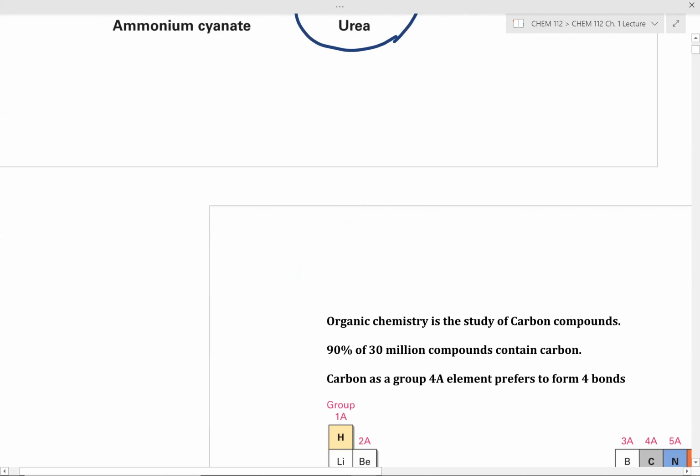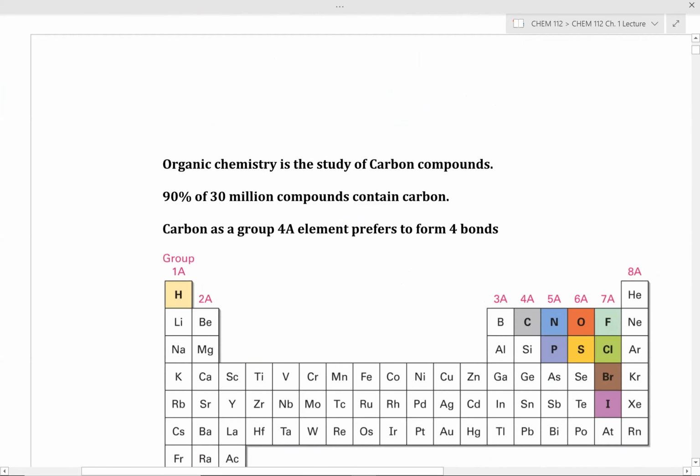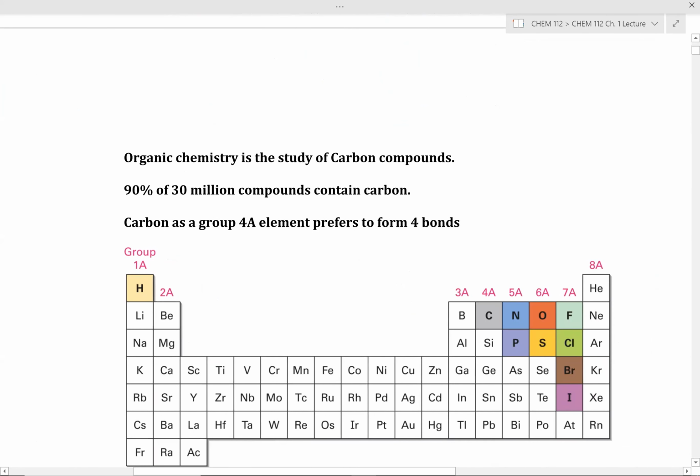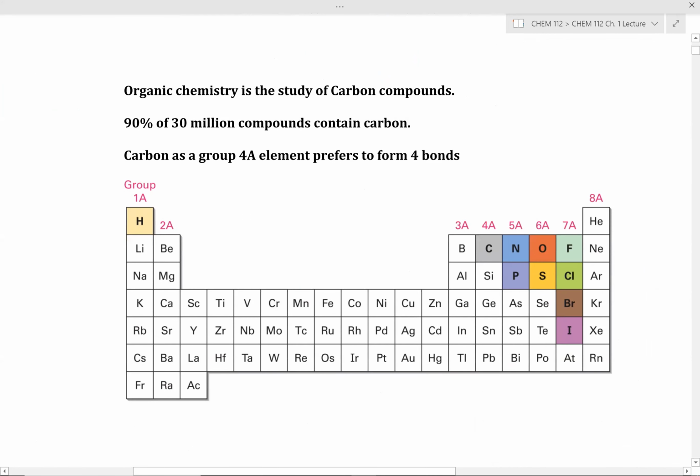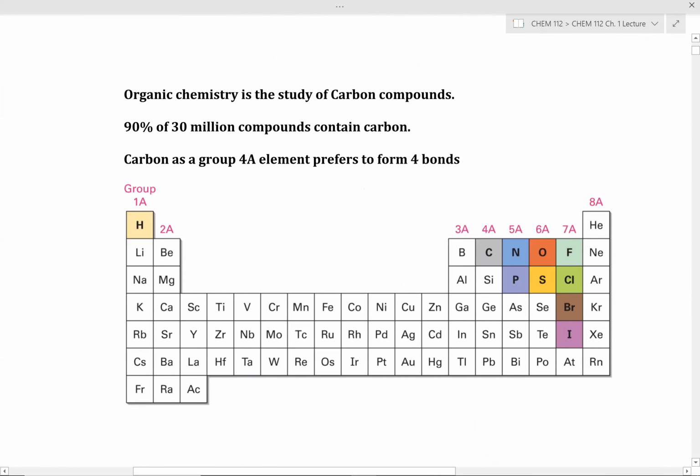So what exactly do I mean when I say an organic compound? Organic chemistry is fundamentally the study of carbon compounds. If we had to pick one element in the periodic table to signify the greatest importance, organic chemistry really focuses on carbon. 90% of 30 million compounds in our universe contain carbon. It's one of the more ubiquitous elements in terms of functional compounds.